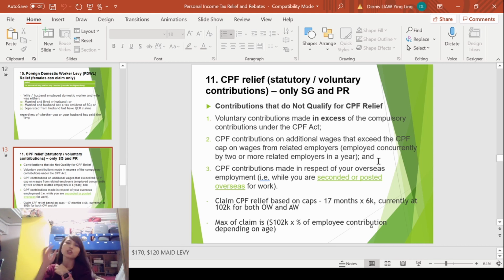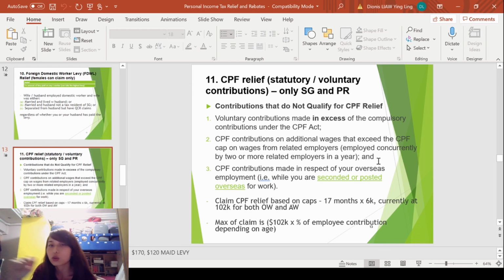So how much CPF relief can you claim? It's always based on 17 months plus the current prevailing OW cap rate. Currently in Singapore it is $6,000. So it will be $102,000 for your OW and AW cap.